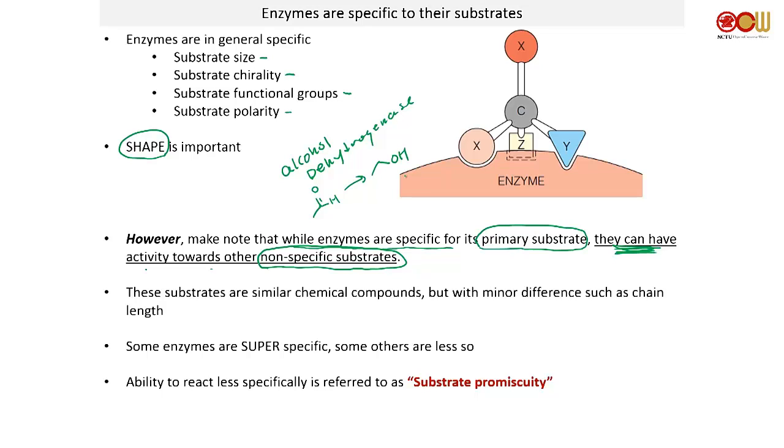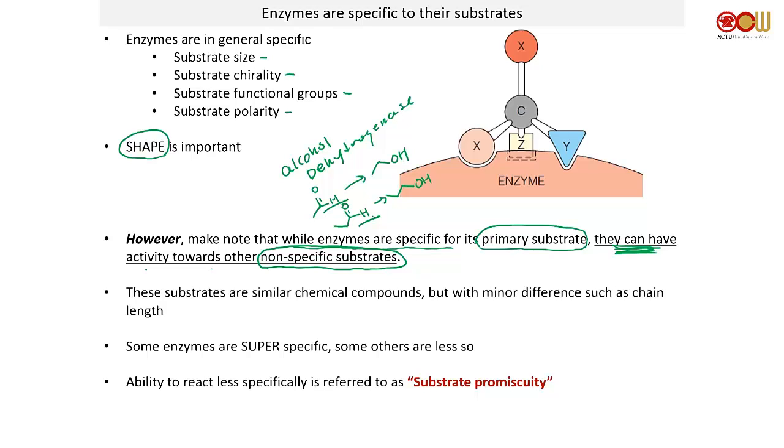This same ADH can probably react propionyl aldehyde to propionyl alcohol, or propanol. That's what I mean by non-specific. It's specific in that it does the same type of reaction. It's non-specific in that the substrate size may be a little bit different. I say a little bit. It's not going to be hugely different. The same enzyme probably will not react with something that has 20 carbons.